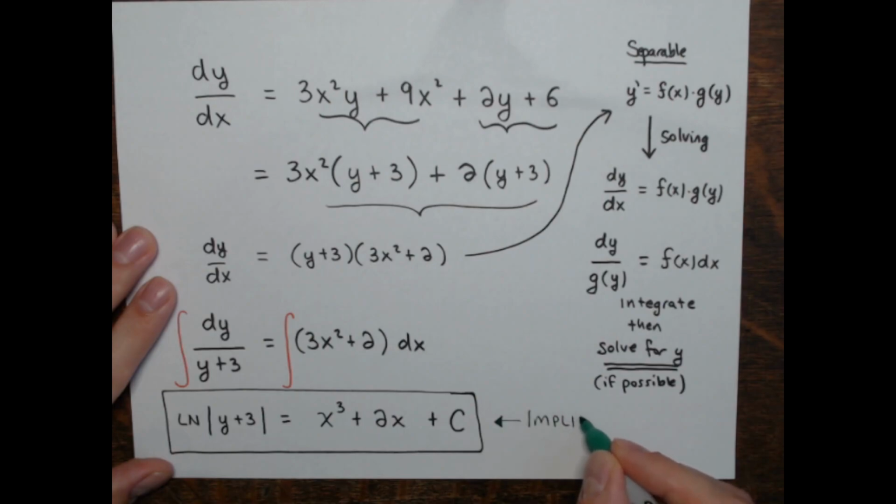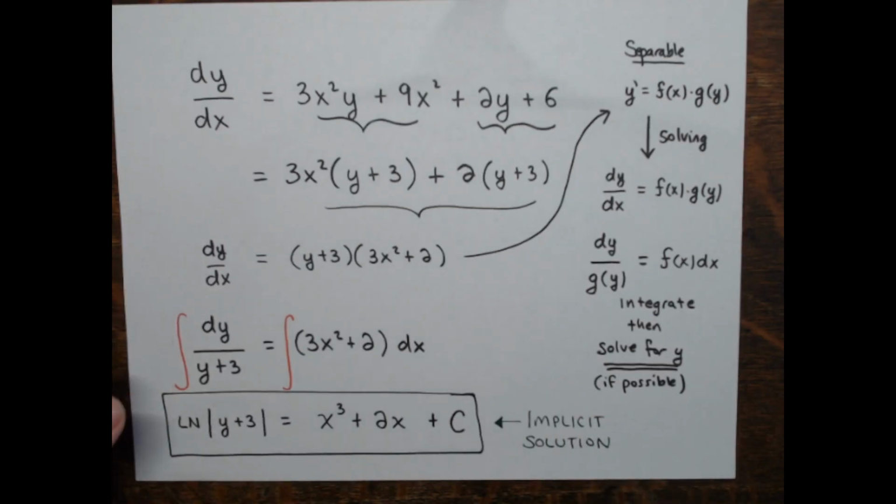Right? So they would say that this is the implicit solution or implicit form of the solutions of this differential equation. But they want us to solve for y. They want, what is y explicitly as a function of x. So now I need to get y alone.